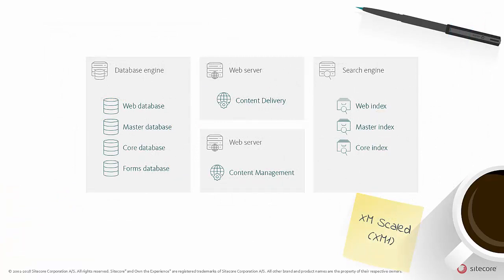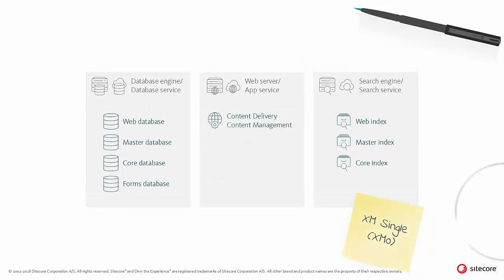Let's look at the next demo. What we want to do is combine and scale down a configuration. I'll give you an example of how to take a configuration and reconfigure it to create a scaled down scenario. One of the things we don't ship is the XM single. We do not ship a setup where one machine or one website runs both the CD and CM for the Experience Manager product.